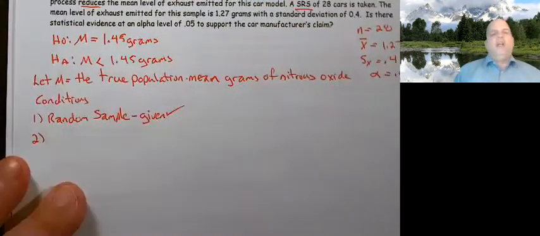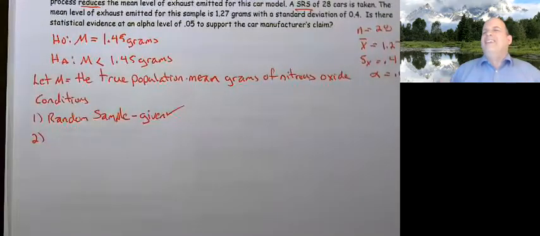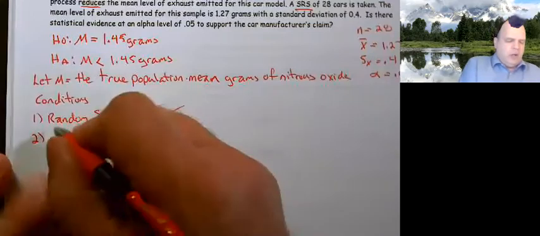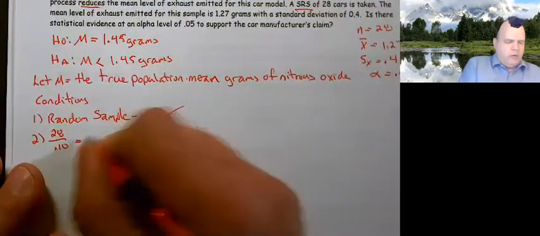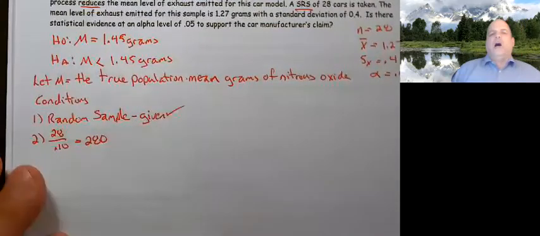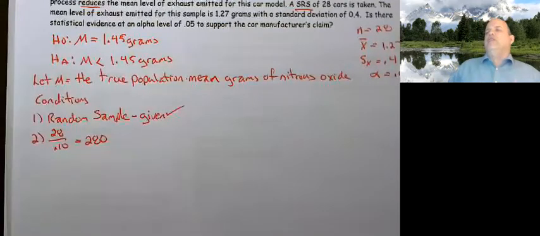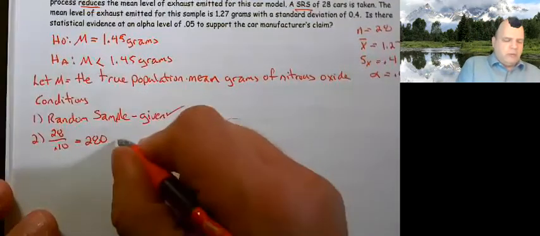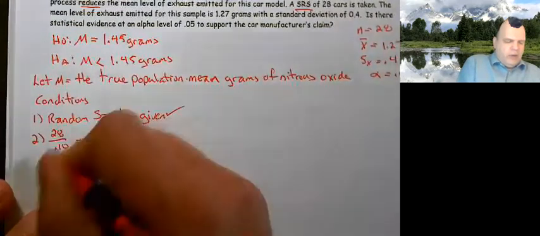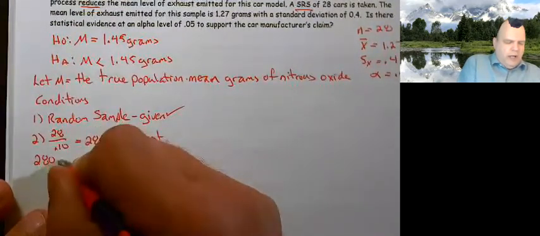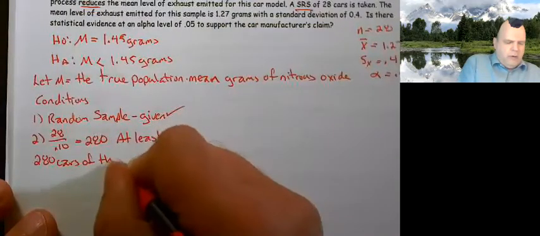The next thing, our sample needs to be less than 10% of the population. So 28 divided by 0.10 equals 280. I really don't know this, but I have to assume that there are at least 280 cars of this model.